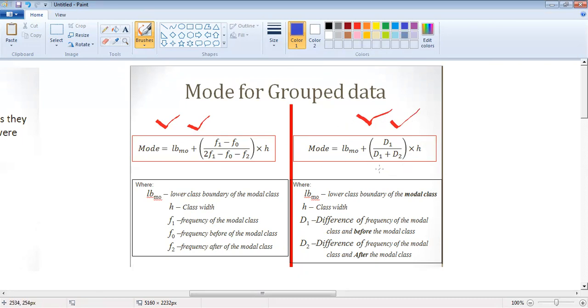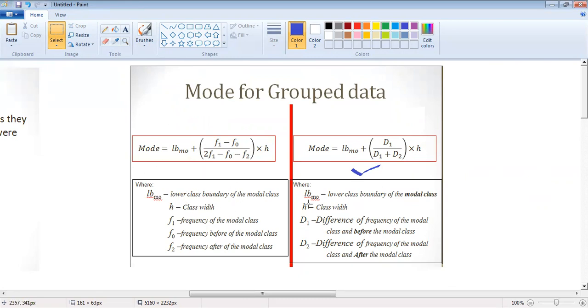This formula is a little bit easier to remember, and it's also more simplified, I guess. But if you do this one on my left, it's still correct. I'll try to show both of them, and I will show you that they are actually the same.